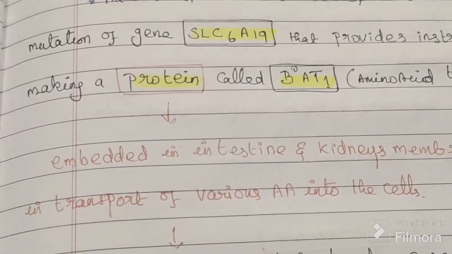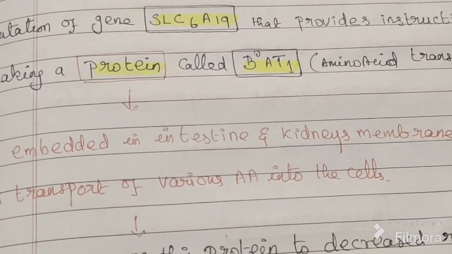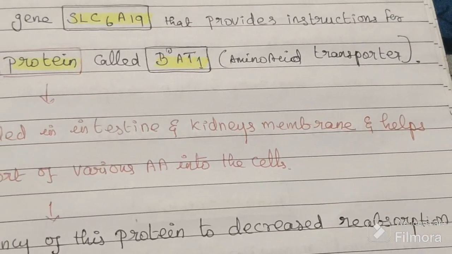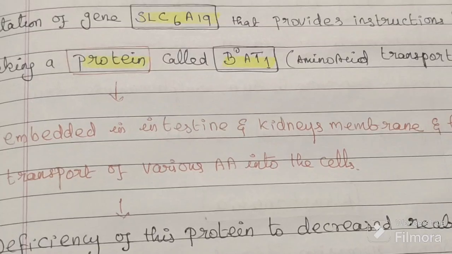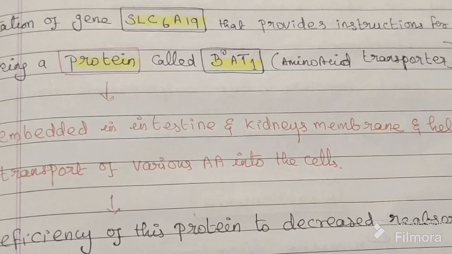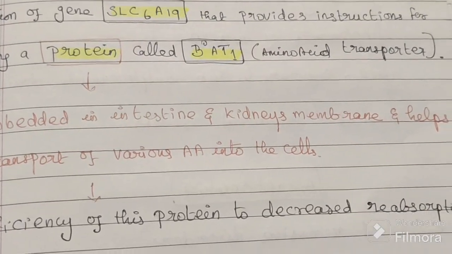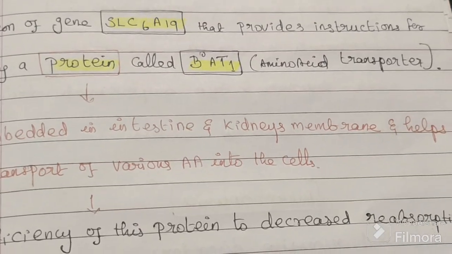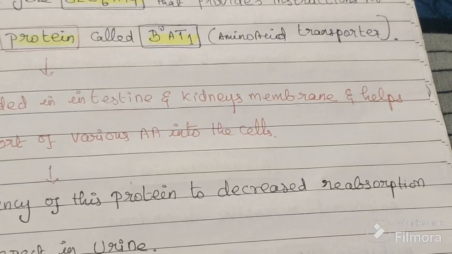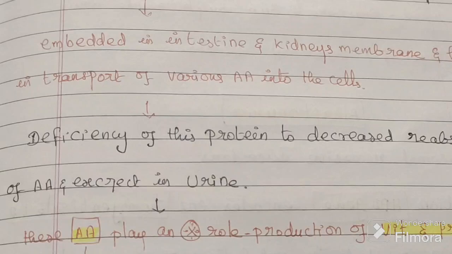This protein is found embedded in the membrane of the intestine and kidney, and it helps in the transport of various amino acids into the cell. The deficiency of this protein leads to decreased absorption of amino acids from the intestine and decreased reabsorption in the kidney, leading to their excretion in the urine.